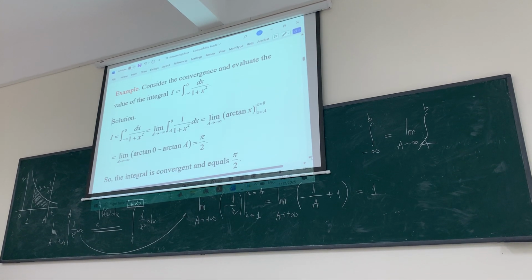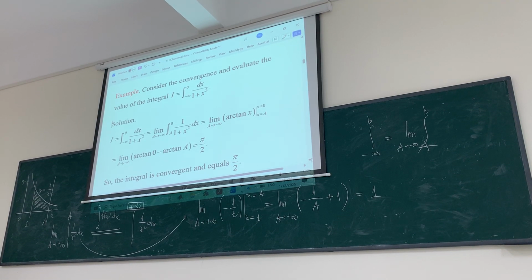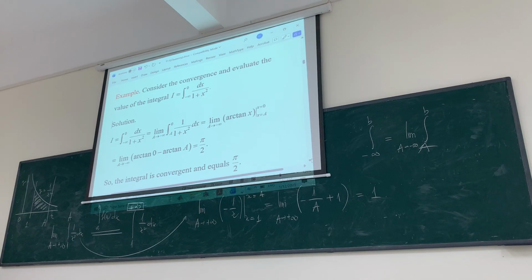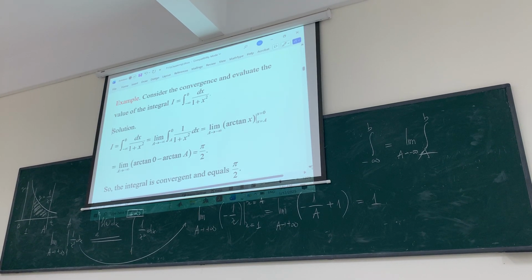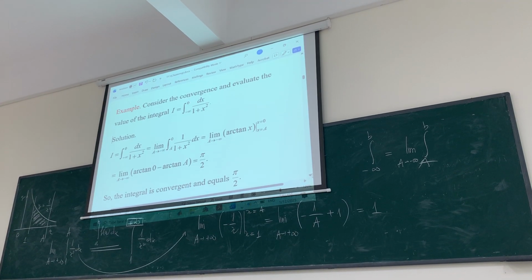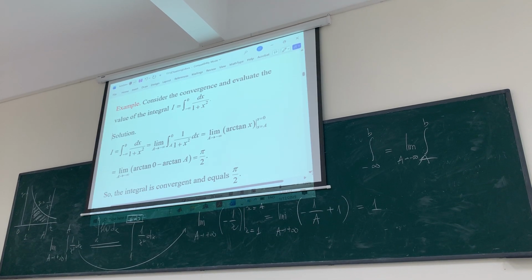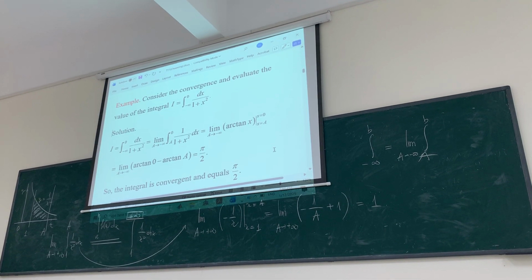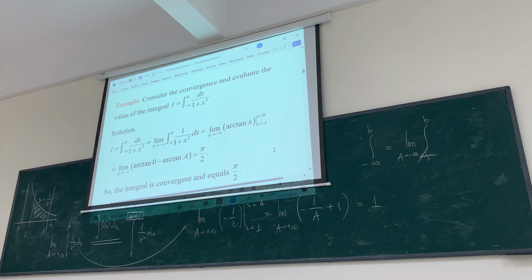You can see when we define improper integral, we base it on the limit of definite integral. But if you want to evaluate a definite integral, it's not easy in general. Here is an example: we need to check whether an improper integral converges or diverges.